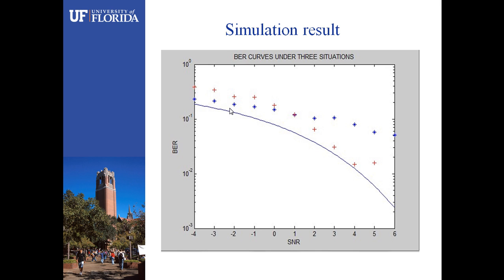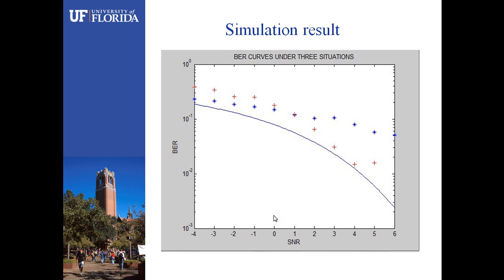The blue asterisks tell us the original BER of the Rayleigh channel with Gaussian interference. The red crosses represent the BER of the Rayleigh channel with Gaussian interference after the channel encoding and decoding.